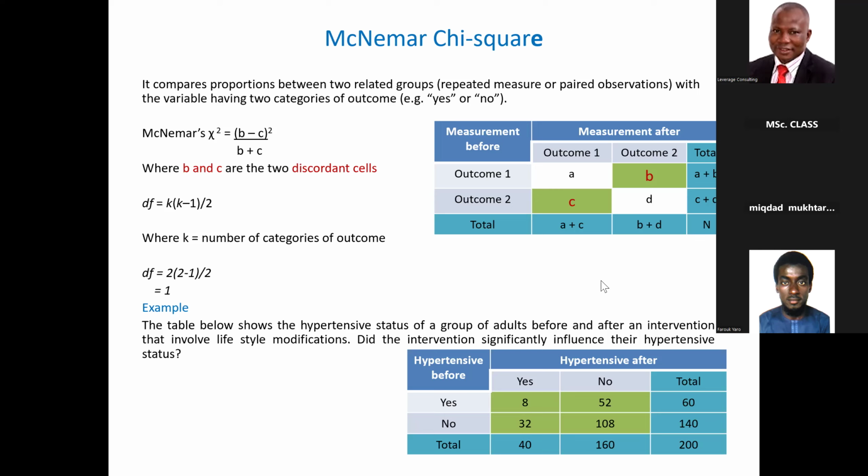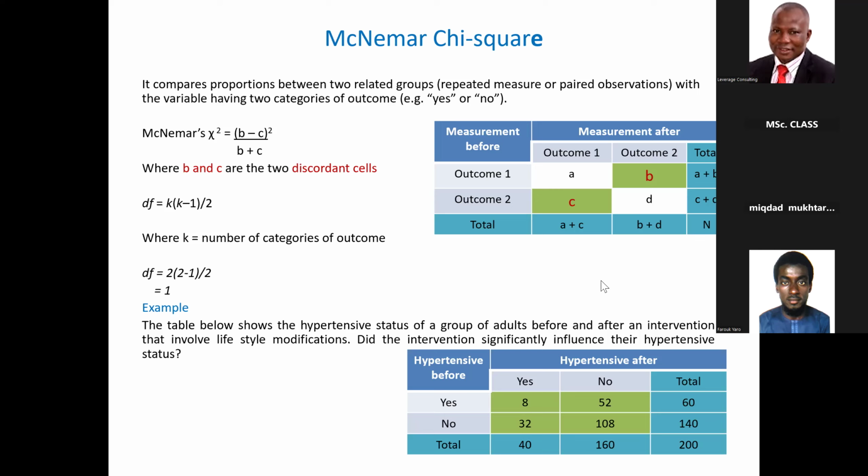When they measured the blood pressure and classified hypertensive and non-hypertensive, the people hypertensive before total 60. Non-hypertensive before total 140. After, the people hypertensive are 40, and those not hypertensive are 160.